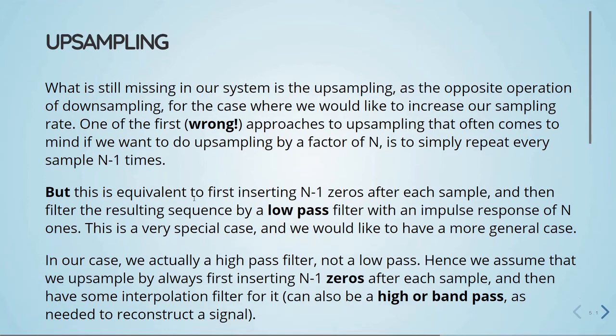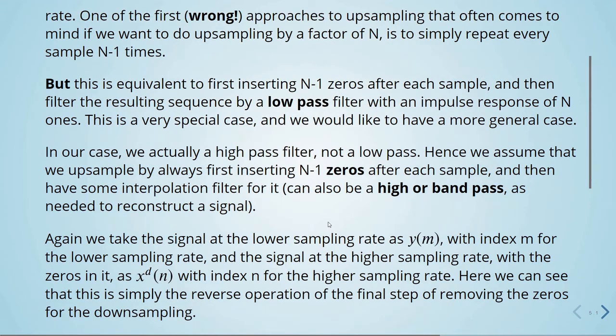So what we want to do is upsample by first inserting N minus 1 zeros after each sample, and then we have some interpolation filter for it. It can be a high pass or a band pass or a low pass, depending on the frequencies we want to fish out from the downsampled version.